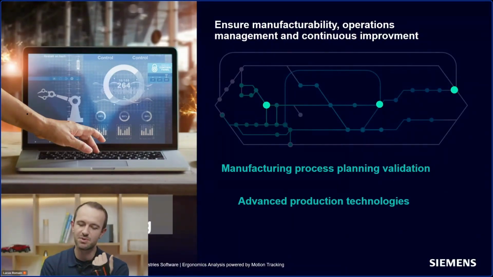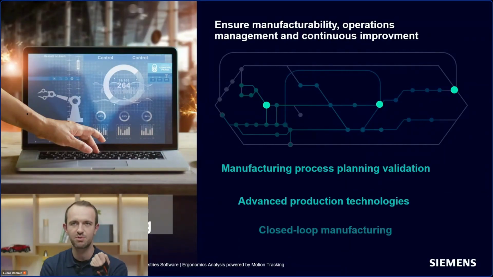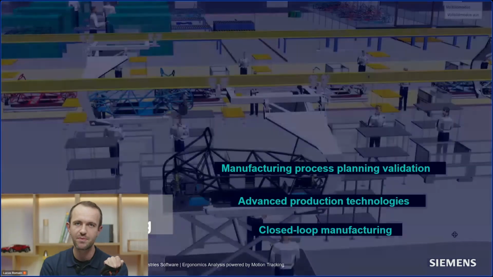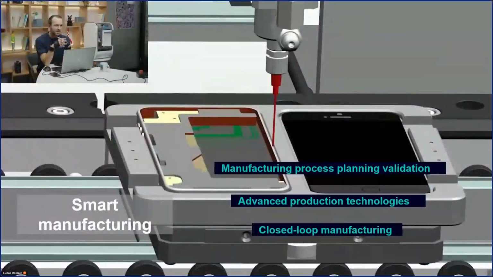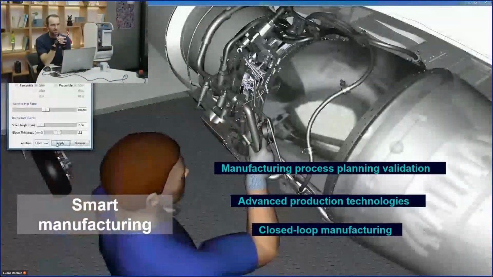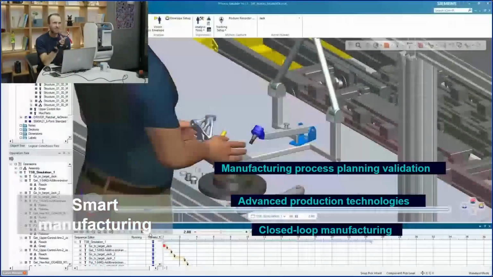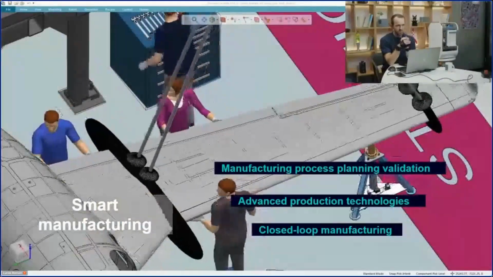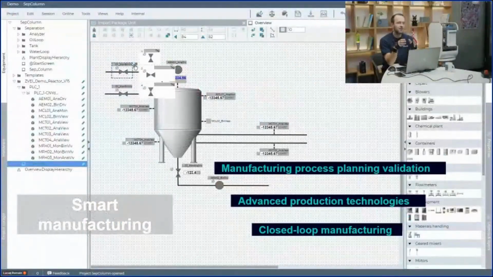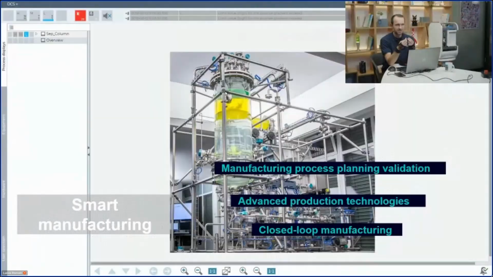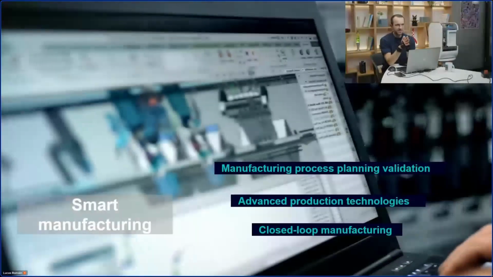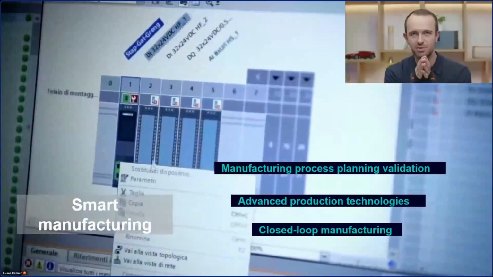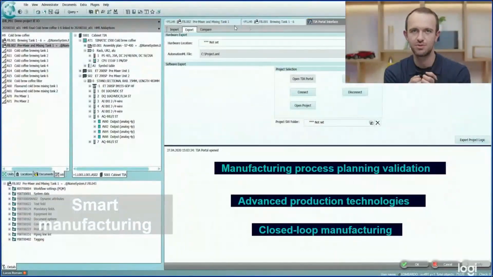When it comes to managing the daily operations, we are proposing advanced production technologies like manufacturing execution or planning capabilities. And here you have a quick overview of different models and simulations we can perform in the manufacturing domain, with a strong emphasis also on being able to connect with the machines that are on the shop floor.